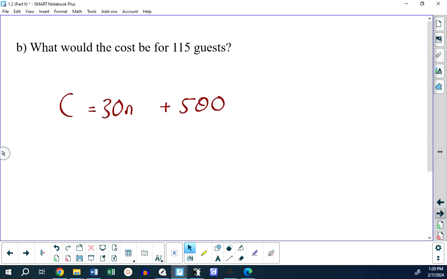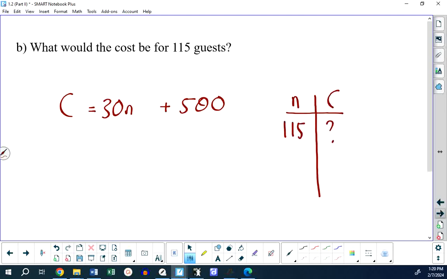This is a case where you know n and you're trying to find the cost. Easy. When you know x and you want to find y, all you do is feed this number into the equation and calculate it. There's no rearranging.